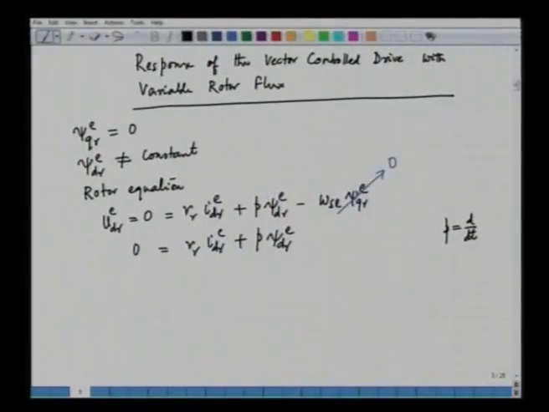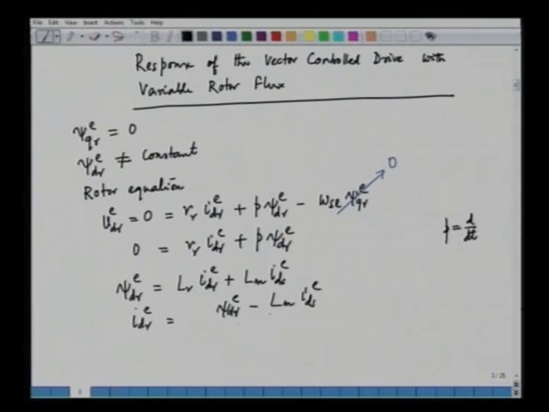So, we can say here that the expression for psi dr is equal to LR IDR plus LM IDS, and we can say here that IDR equal to psi dr minus LM IDS by LR.